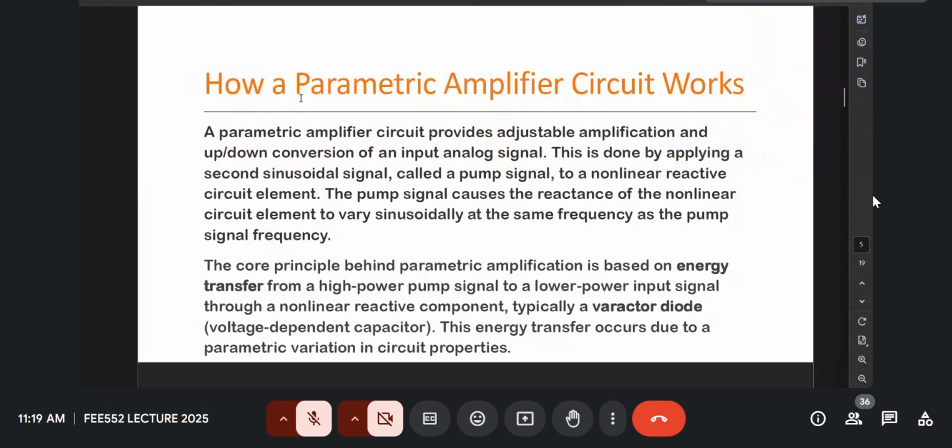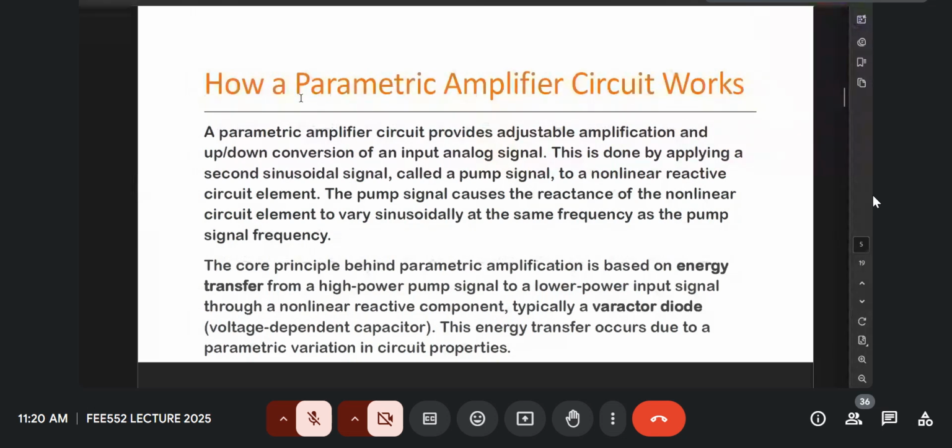So here we are doing what we call the capacitive modulation of the varactor diode, which can be adjusted by the pump frequency and the input signal. After the circuits are set so that the pump and the signal are resonant, there's an exchange of energy once we set the parameters of the RLC legs.